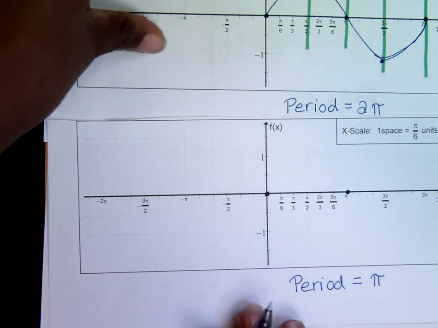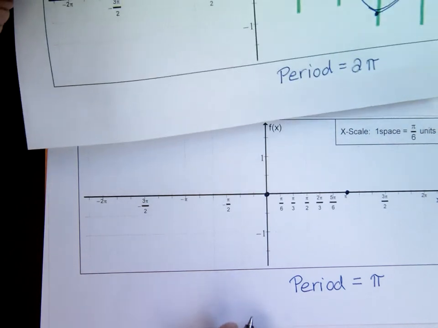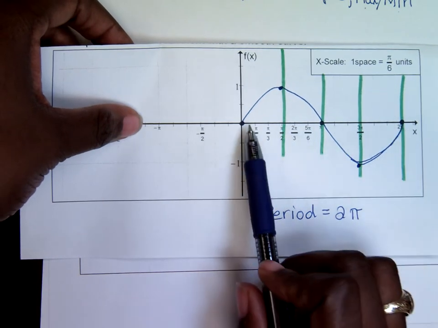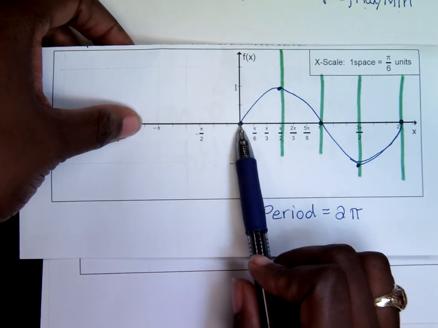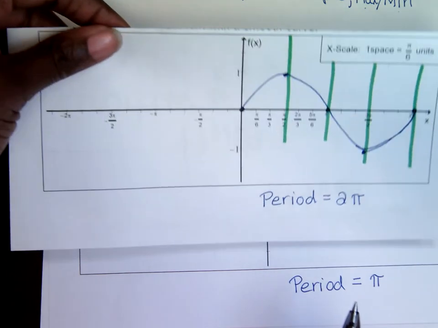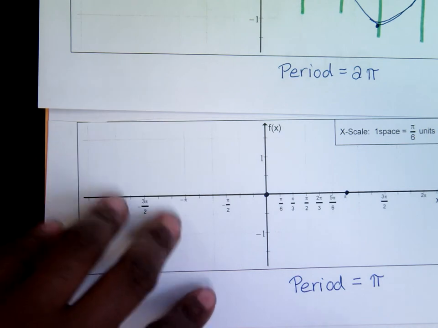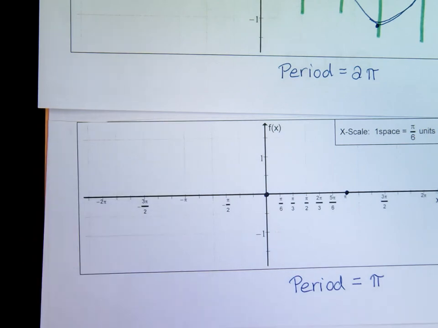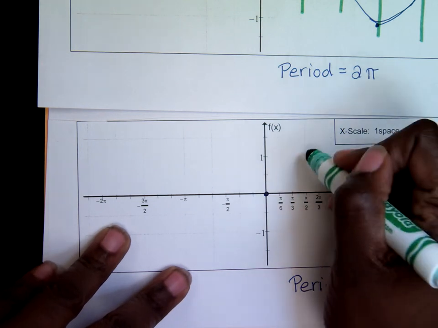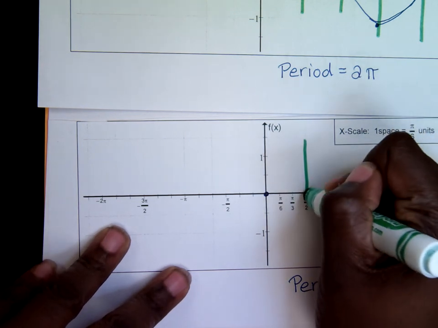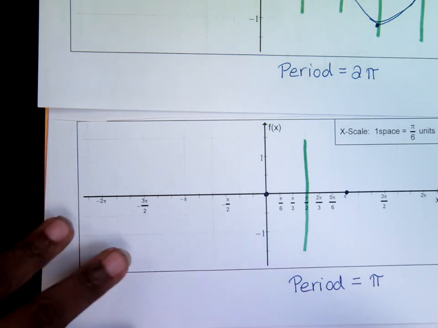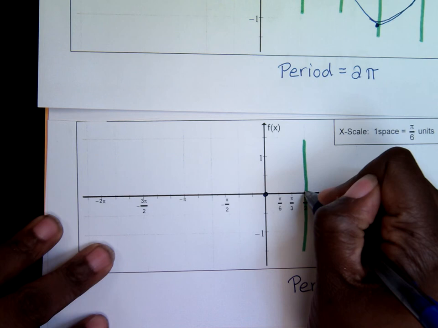If you recall from our previous graph, halfway between 2 pi and 0 is where my next x-intercept was. I'm going to use the same logic here. Halfway between the beginning and the end of my cycle is pi over 2. So that's where my x-intercept would be.